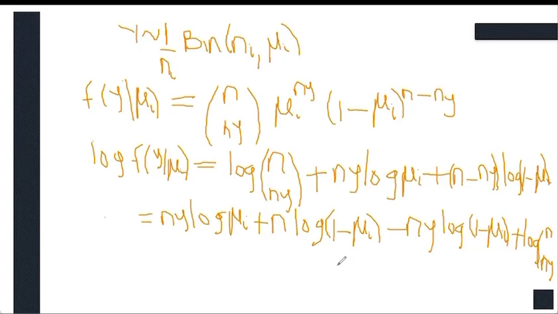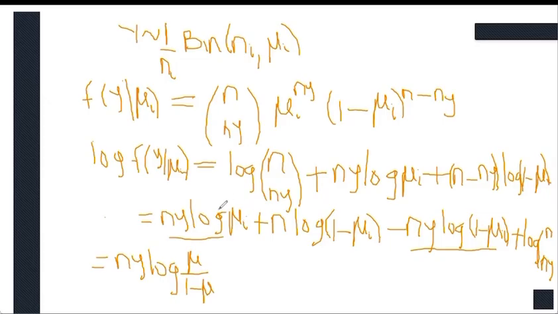So right now, if you take a look at this, both of them have the same y, and I can combine them mathematically. So combining them, I'm going to write ny, then log of mu divided by 1 minus mu, using the law of logarithm.